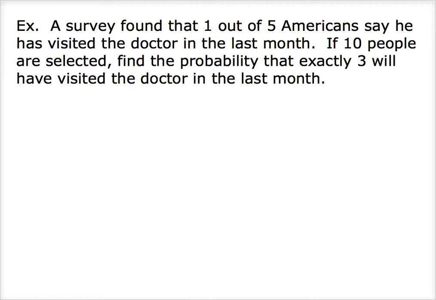A survey found that 1 out of 5 Americans say he has visited the doctor in the last month. If 10 people are selected, find the probability that exactly 3 will have visited the doctor in the last month. So visited the doctor in the last month will be our success. We're surveying 10 people, that's our fixed number of trials. We want exactly 3 to have visited a doctor.